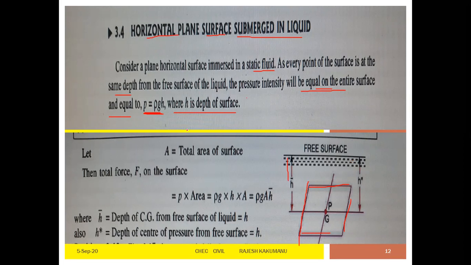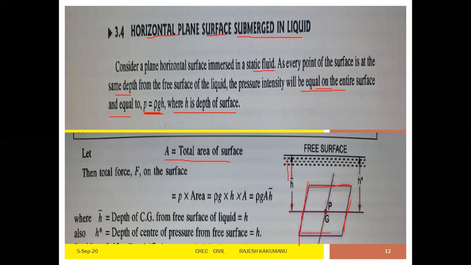If you see the smaller derivation, let A be the total area of the surface. Next, you see the water free surface.